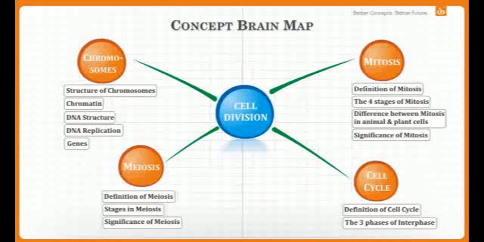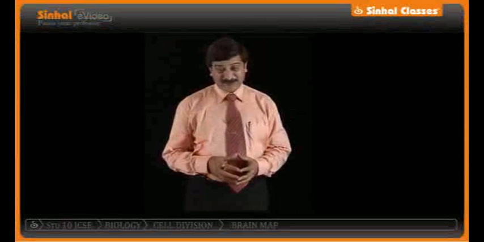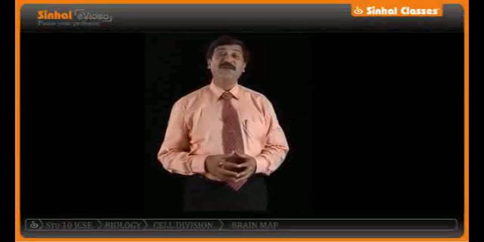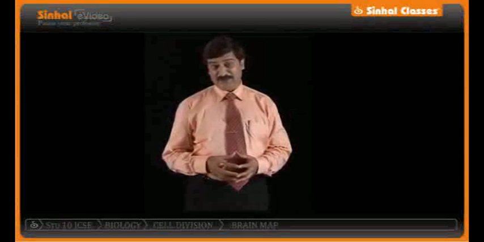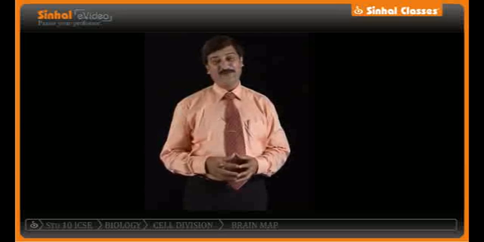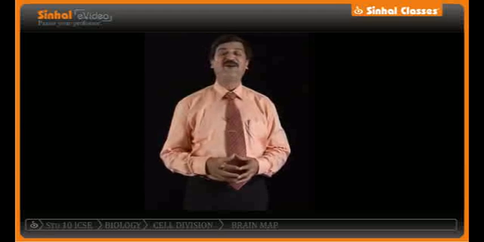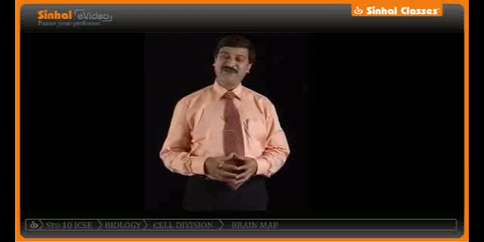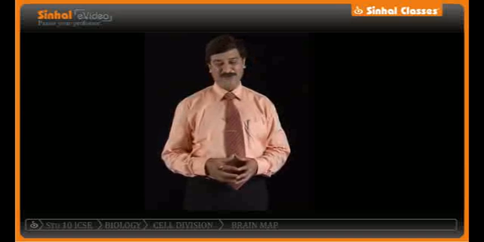This was one of the interesting chapters, where we studied cell division followed by the structure of chromosomes. Please take care that when you study this chapter, learn the diagrams properly. See to it that you take into account the terms which are very important in the chapter. Read the chapter well and try to get more information, more details on the chapter of cell division and structure of chromosomes.